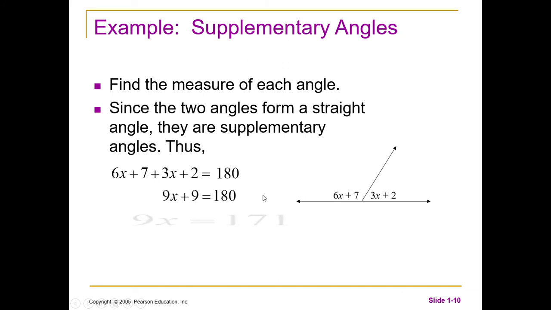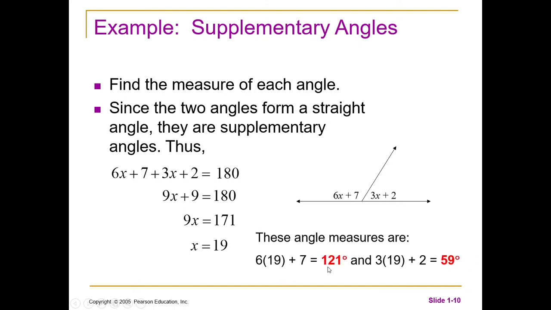Ilipat natin sa kabila, magiging 171. So, divide both sides by 9. So, x is 19. Pag chinek natin yan, substitute natin yung value ng x. So, we have 121. The other one is 59. Pag pinag-add natin dalawa, ano magiging makuha ng value? Tama, 180. Di ba?